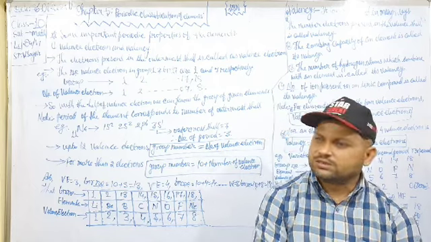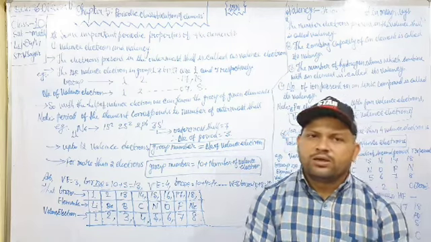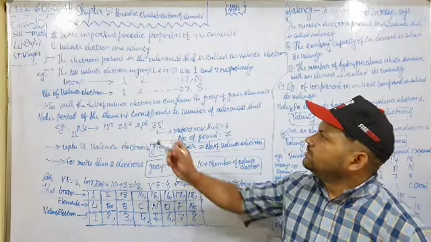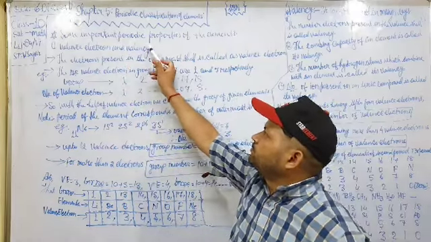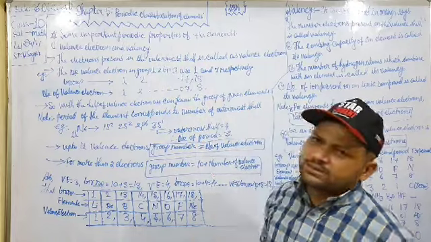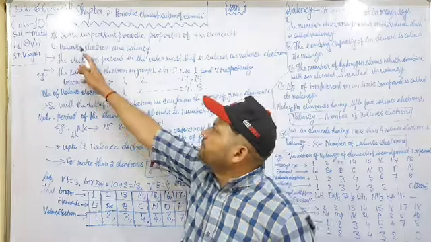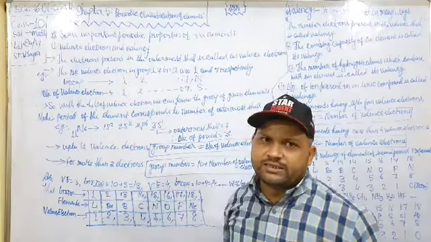Now let us start the discussion. Here there are some important periodic properties of elements. First of all, I am going to look at valence electron and valency.